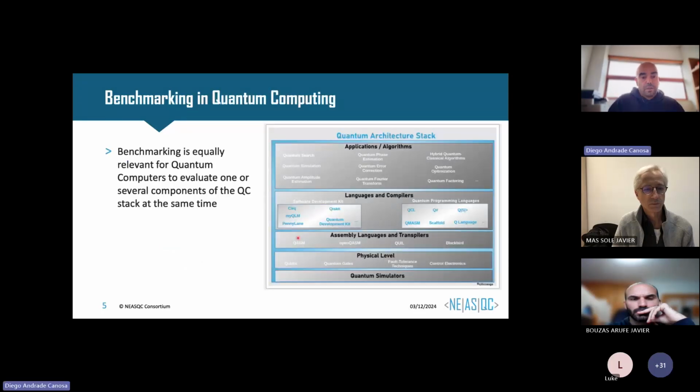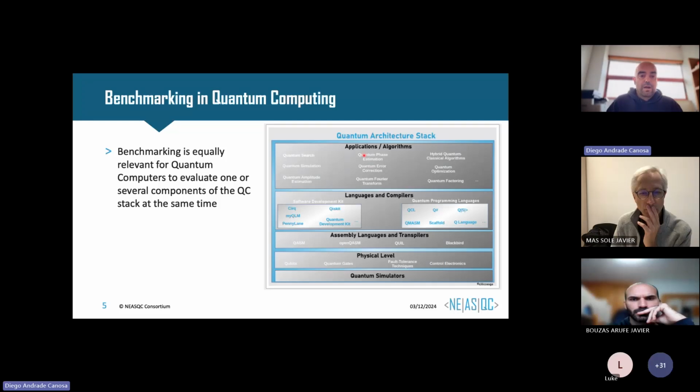So moving already to the quantum world, the benchmarking of quantum computing is going to inherit some of the characteristics that we mentioned before. First of all, we have to establish the quantum architecture stack, including both the software and the hardware layers. At the topmost level, as you can see here, we have the applications or the algorithms, which are different from those that we have in the classical world.